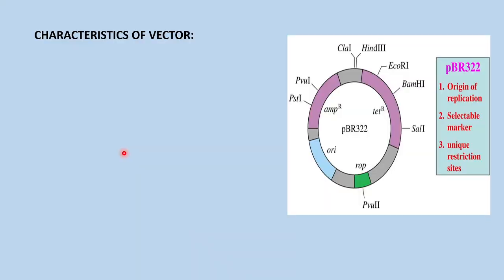Now, what are the main characteristics of a vector? This is a plasmid vector that is shown here in this figure. It is named pBR322. This naming is based on the type of bacteria that it was isolated from. The first characteristic it should have is the presence of an origin of replication.